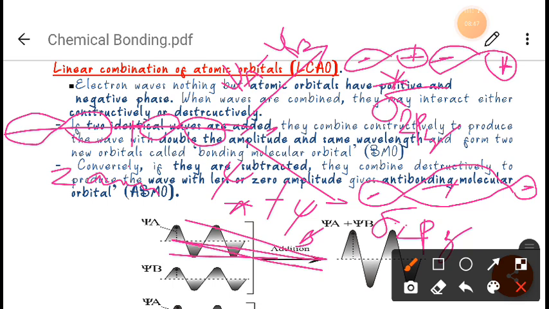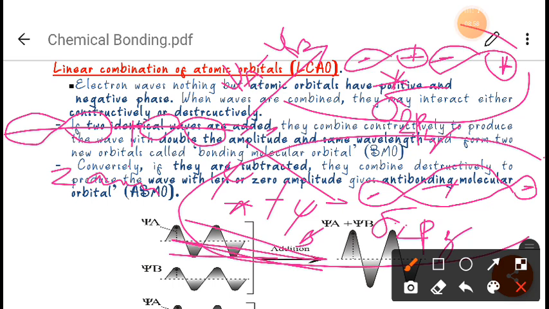Where there is a head-on collision, they will form sigma star 2pz, meaning an anti-bonding molecular orbital here. Why is it forming? Because the crest of one is colliding with the trough of the other. And this one is forming because the crest of one is colliding with the crest of the other.